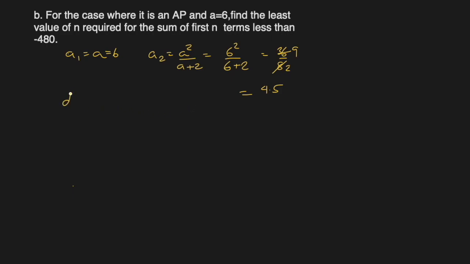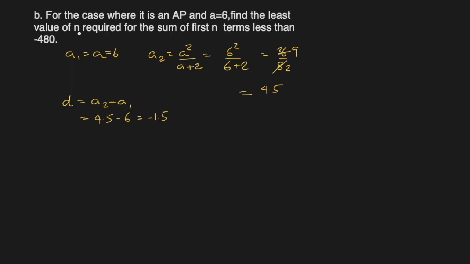This gives us d. Common difference will be A2 minus A1. Just like in GP, it was A2 divided by A1. In AP, it is minus. So it becomes 4.5 minus 6, negative 1.5. Okay, so we got d as well.